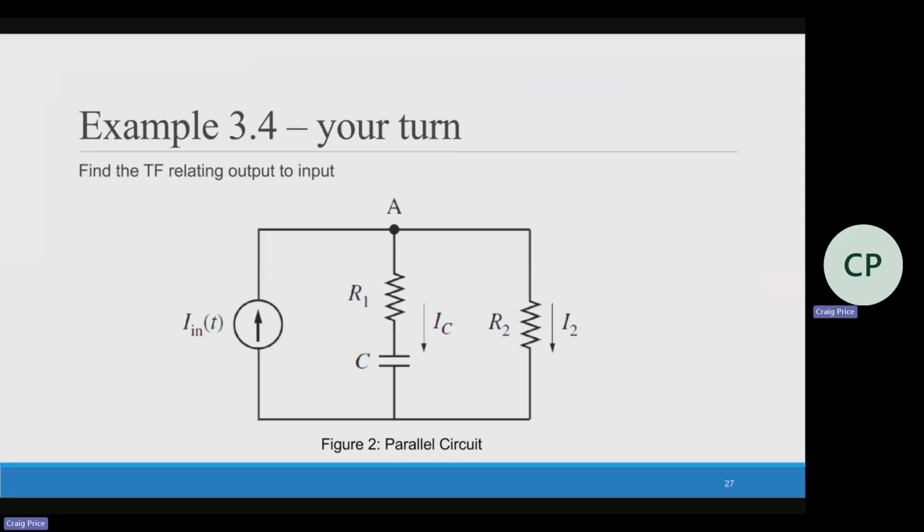So it's first order, we have one capacitor. I know the input, right? It's IN. That's what's causing the system to change. I need that energy input. But what is the output?